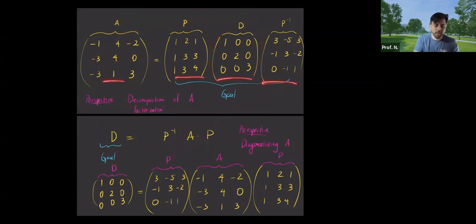All of these appear the same, they're just in a different order. One is a diagonalization procedure, the other one is a decomposition procedure. They're related, but it's just two different viewpoints. I don't know if that makes sense.